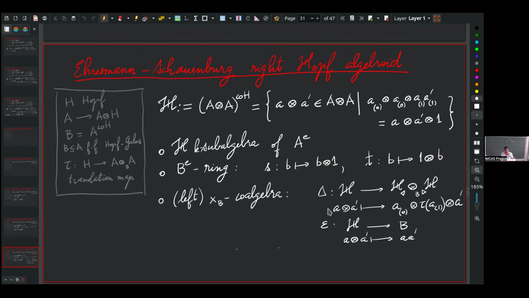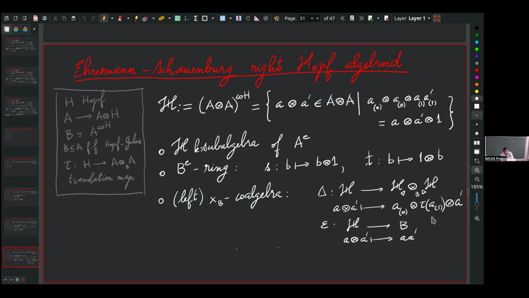They are sums, but for simplicity, I just write simple tensors. So I take my tensor product, do the coaction, and then apply the translation map to the middle element.